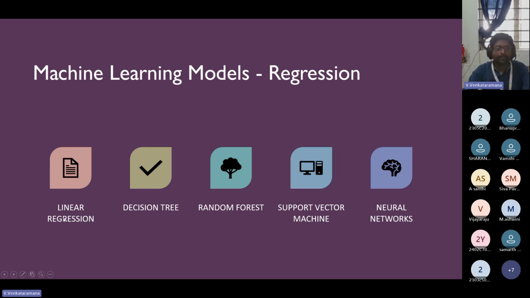So linear regression, decision tree, random forest, support vector machine, and neural networks can all be useful to work on regression problems. In the previous session, we discussed the comparison between the regression, classification, and clustering problems. So these are the models available to solve the regression problem.